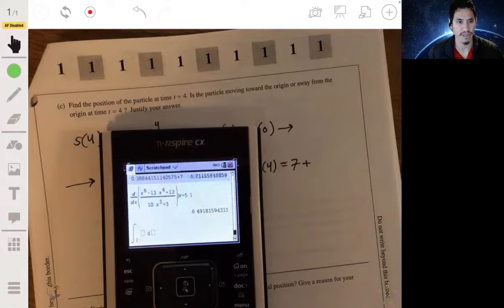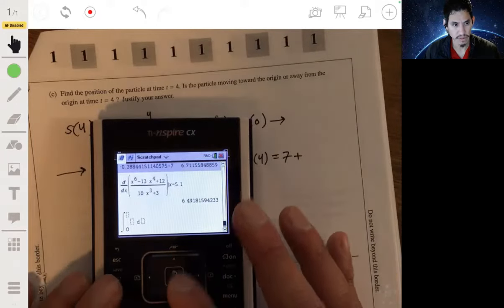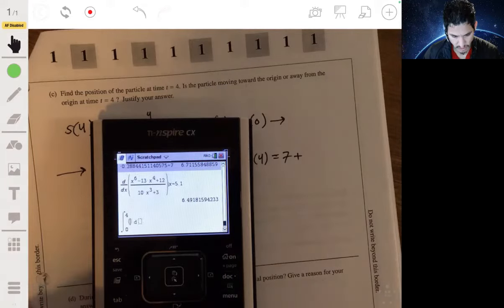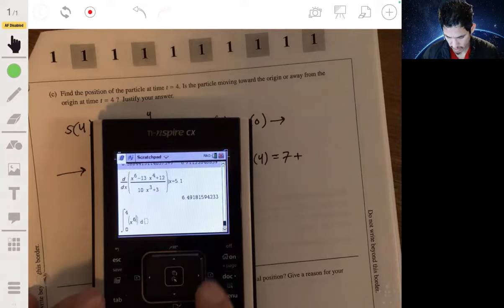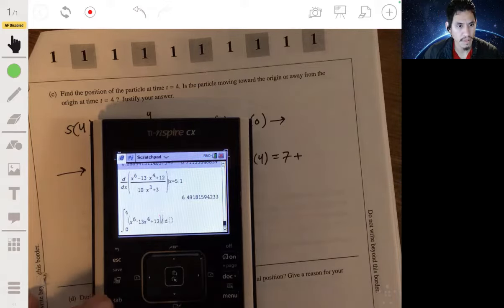Let's go to the numerical integral from 0 to 4. And again, always pay attention when you're entering this.